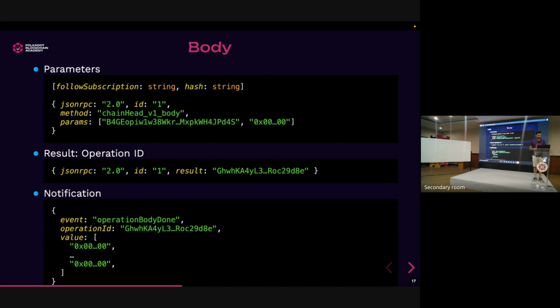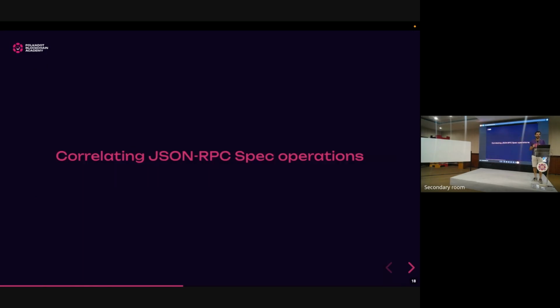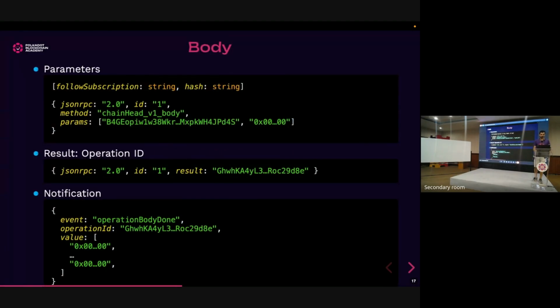I have an exercise now for you: correlating JSON-RPC spec operations. I don't know if you see a pattern here, but it's quite tricky when you work with messages. You have a WebSocket connection, and this WebSocket connection is bidirectional.